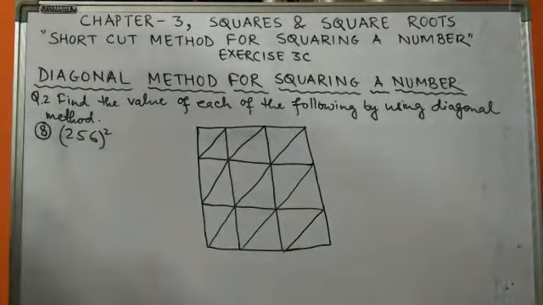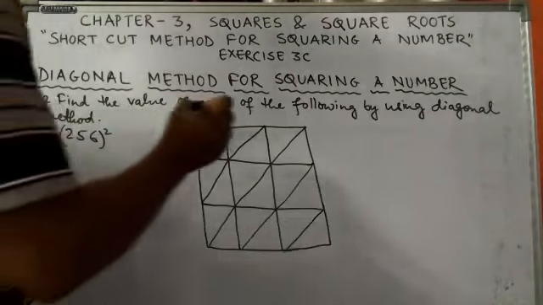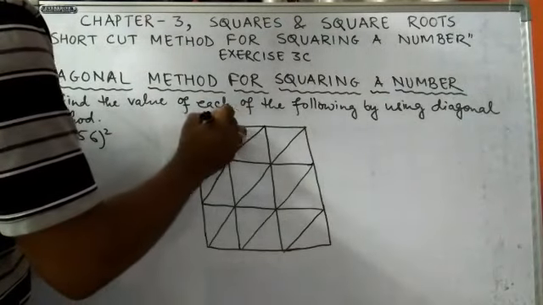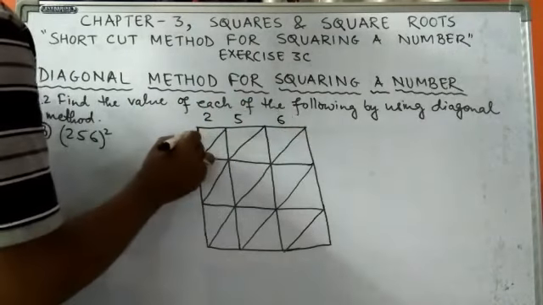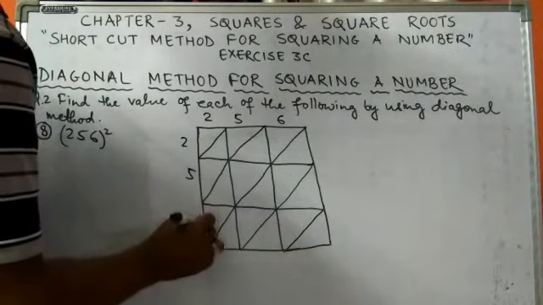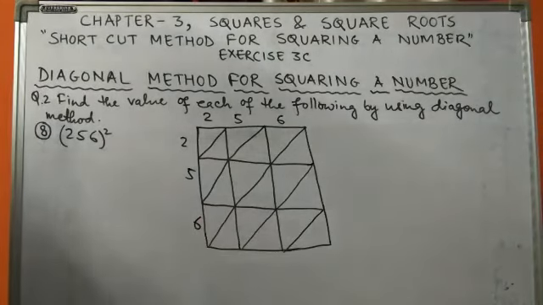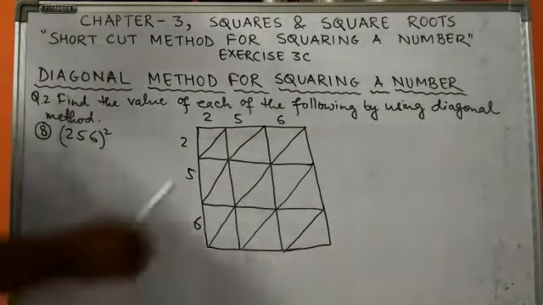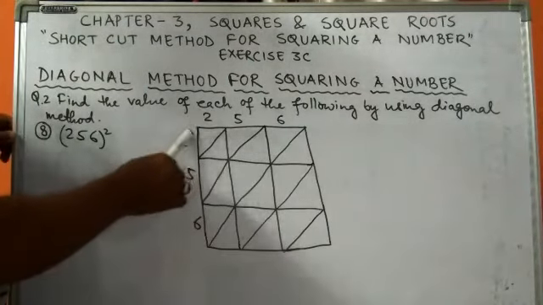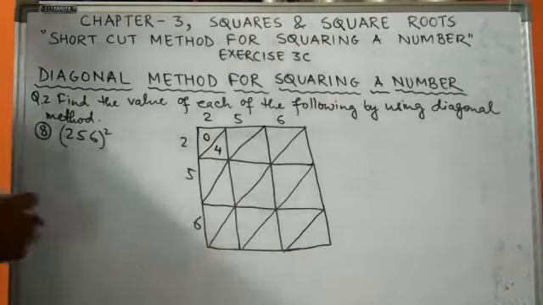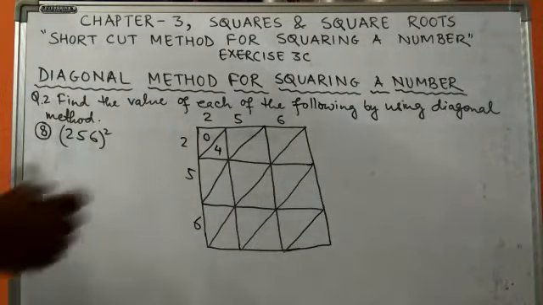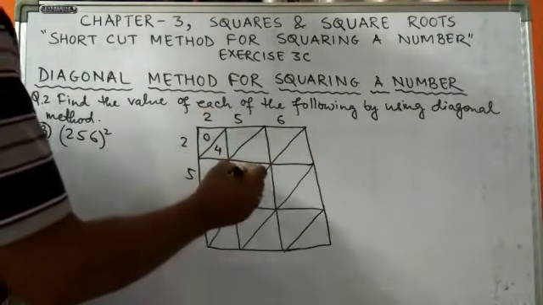Now the number whose square is to be found is written like this: 2, 5, 6, 2, 5, 6. Now be careful, we have to multiply them. 2 twos are 4, that is to be written like this. Then 5 fives are 25.